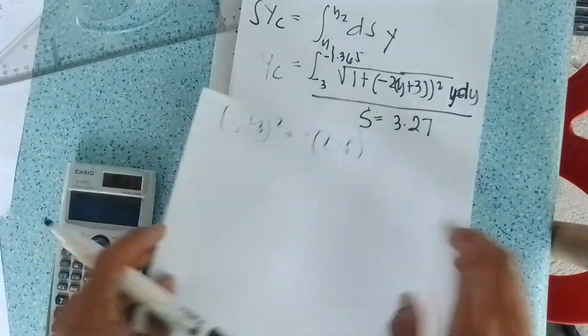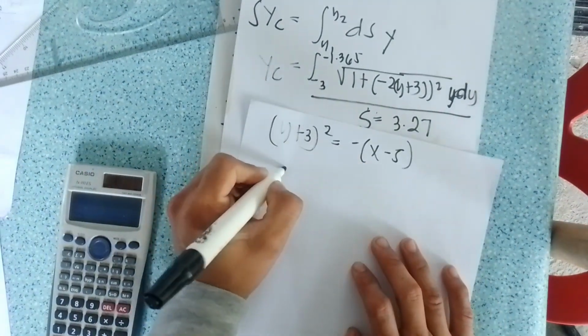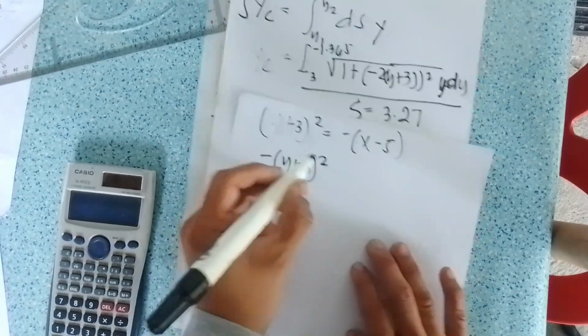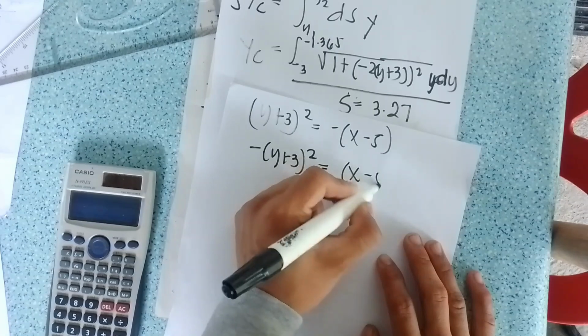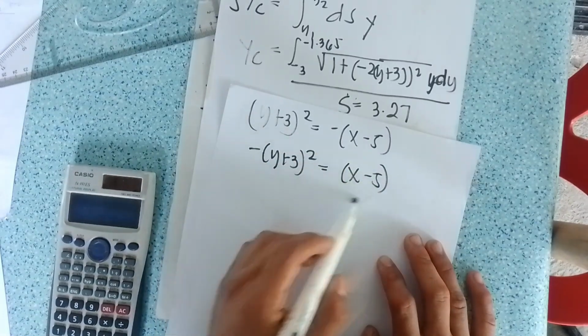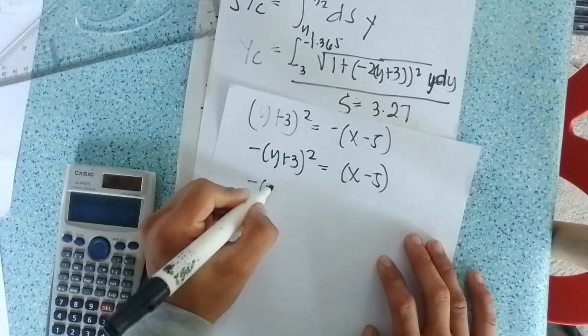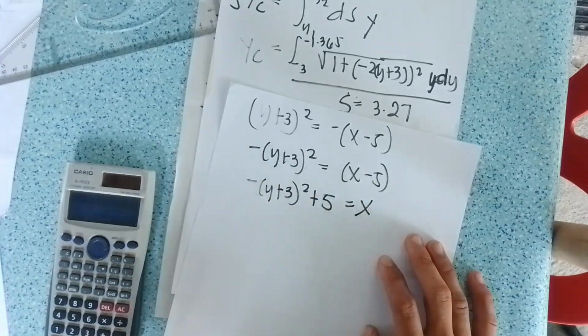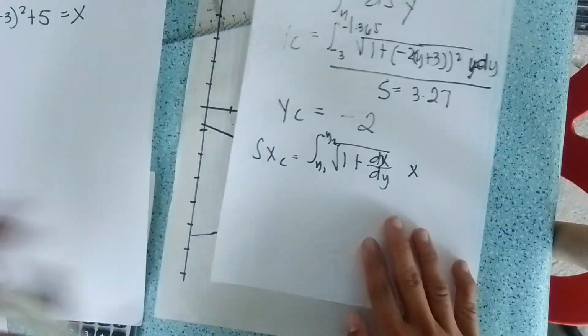Okay. So, solving for x here, we'll get, transpose a negative sign, is equal to x minus 5. And sa ilong ko lang si 5 sa piyak, we'll get negative times y plus 3 quantity squared plus 5 is equal to x. So, therefore, substitute natin ridya.